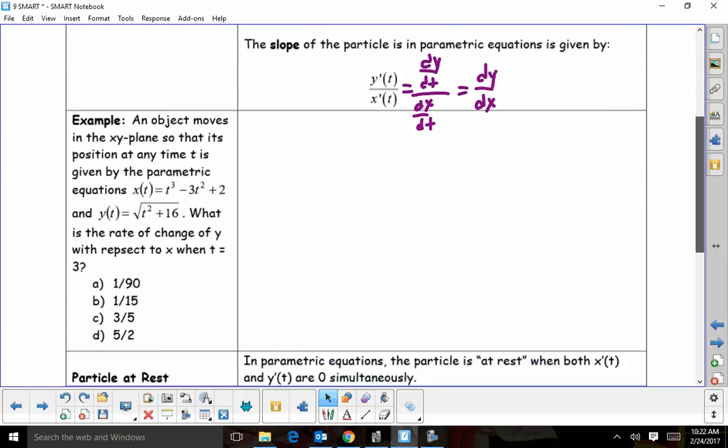An object moves in the xy plane so that its position at any time t is given by the parametric equations of these. What is the rate of change of y with respect to x when t is 3? So this is asking you to find what? The slope. So to find the slope, I have to do what?